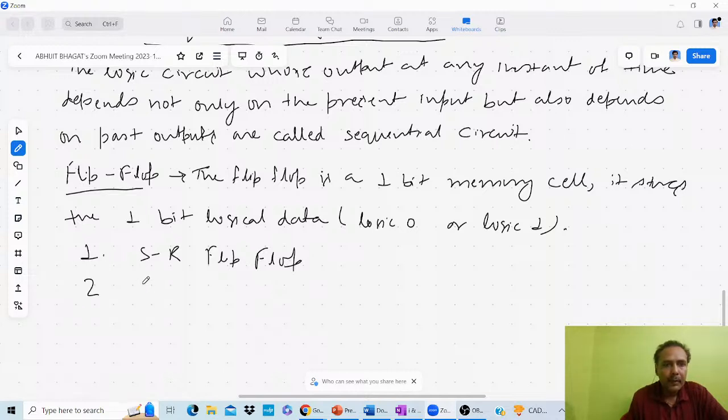Second is the JK flip-flop. Third is the master slave JK flip-flop.